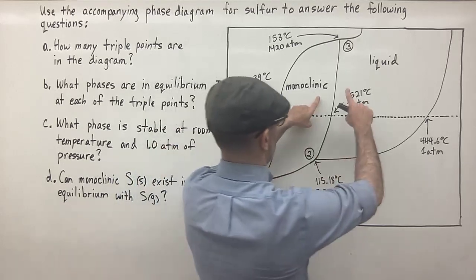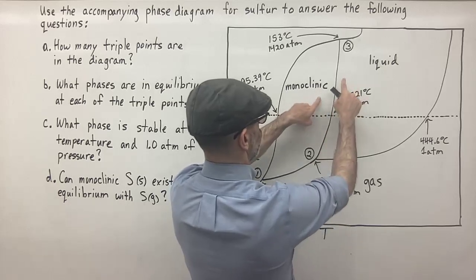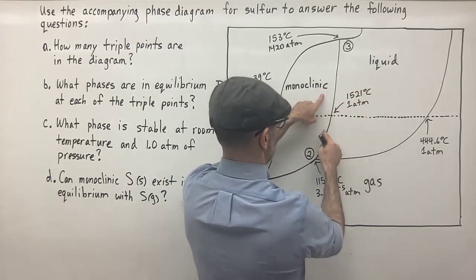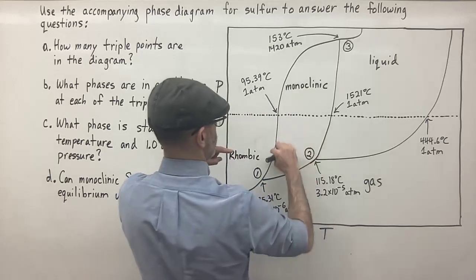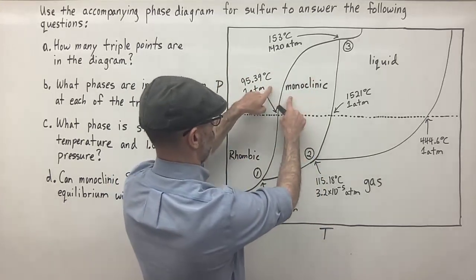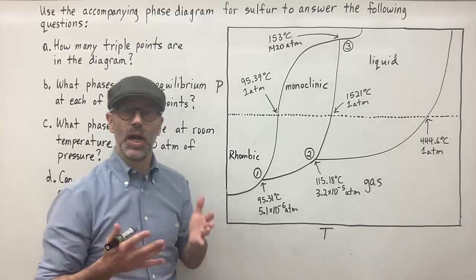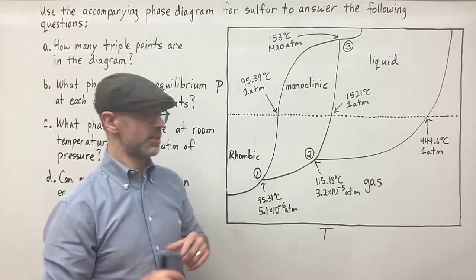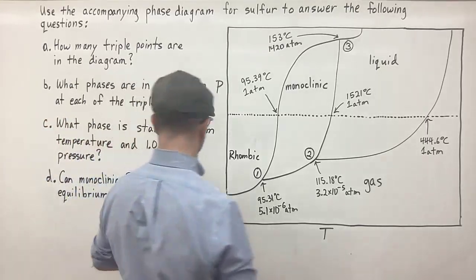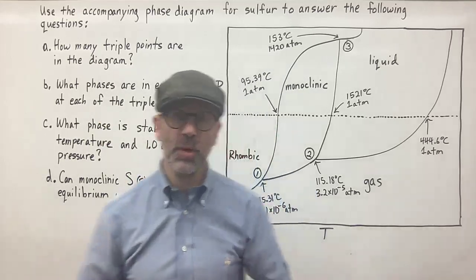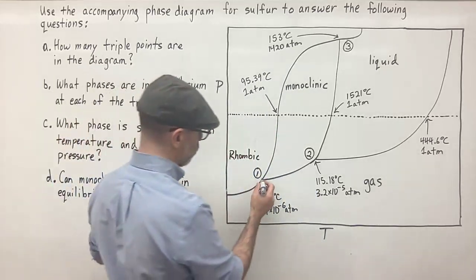If I'm over here, then the equilibrium would be between monoclinic and liquid on this line, right? If I'm on this part of the line, the equilibrium would be between the rhombic and the monoclinic, right? So that's if I'm on a line. But if I'm at a triple point, then I've got 3 phases, right? So here, we'll start to answer question B, what phases are in equilibrium? Well, let's look at number 1.